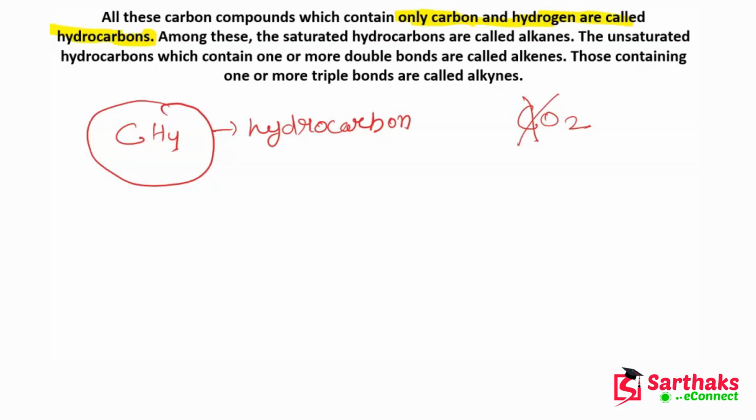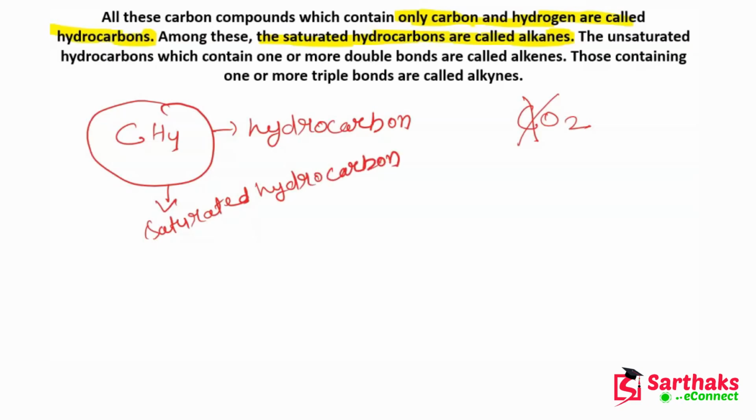So it is a carbon compound, but it is not a hydrocarbon. Now guys, among these, saturated hydrocarbons are called alkanes. We know very well what saturated hydrocarbons are. This CH4 is a saturated hydrocarbon. And why is it a saturated hydrocarbon?